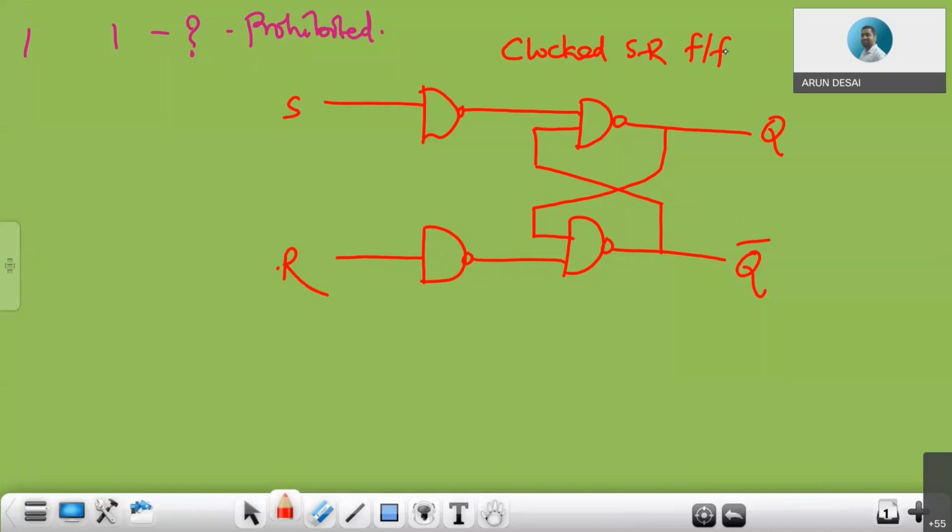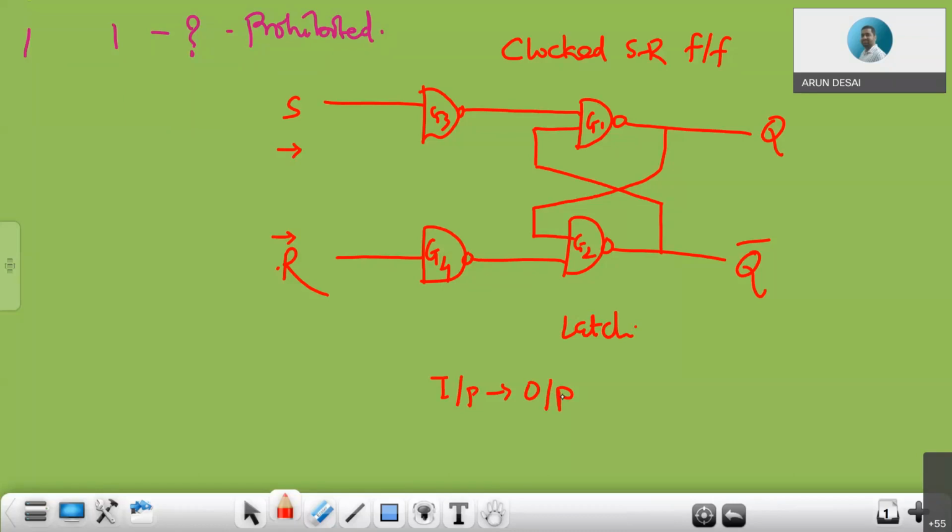In this case, whatever input you pass from S and R is converted and passed to the next stage, or to the latch.